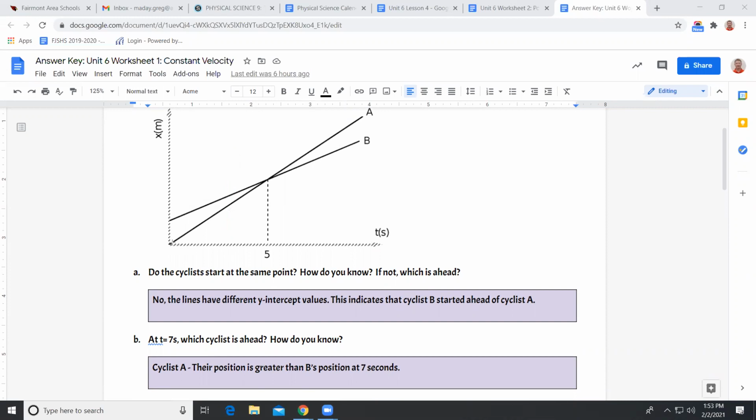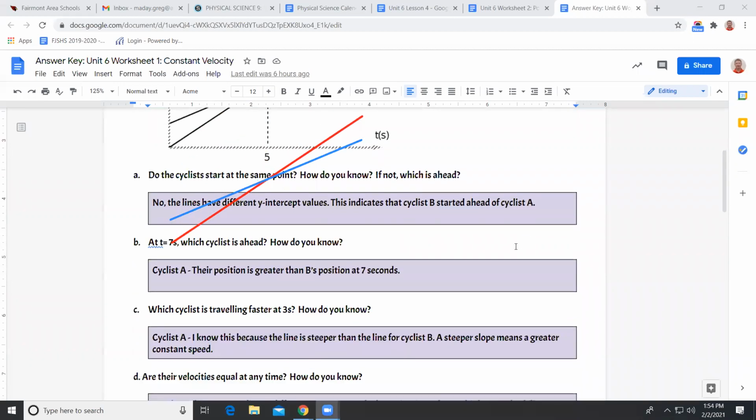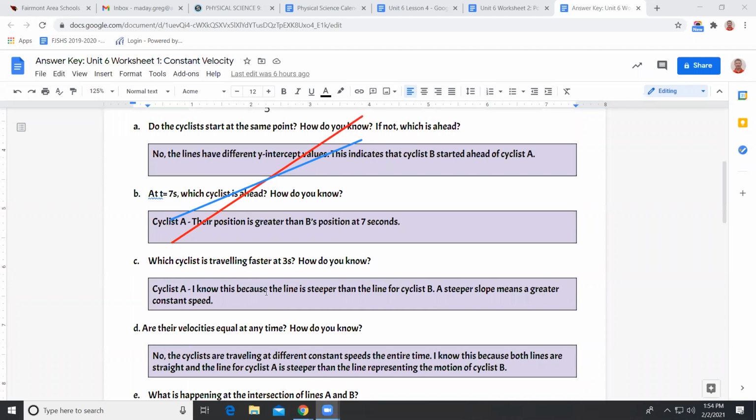If we look at cyclist A, we can give them a red line, and cyclist B with blue. Since cyclist A has a steeper line, that indicates cyclist A is traveling at a faster speed. So they have a higher velocity than cyclist B, and cyclist B is traveling slower. Here it says cyclist A, I know this because the line is steeper than the line for cyclist B. A steeper slope means a greater constant speed.